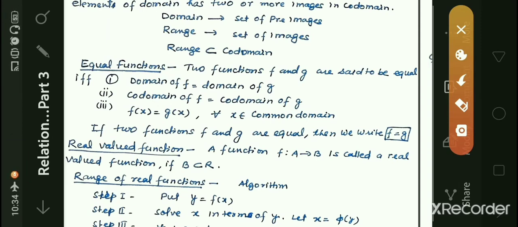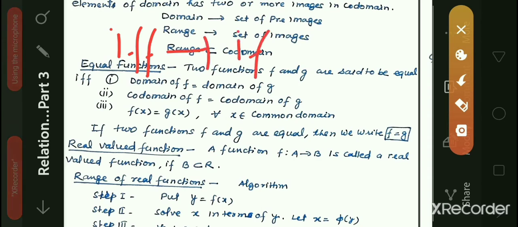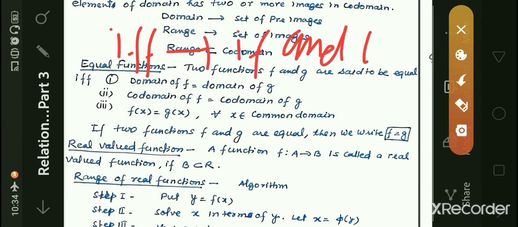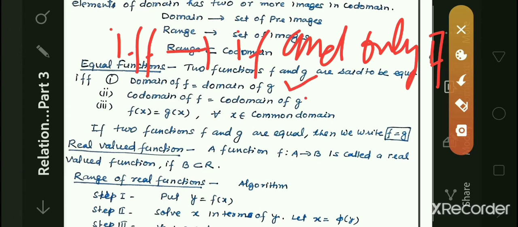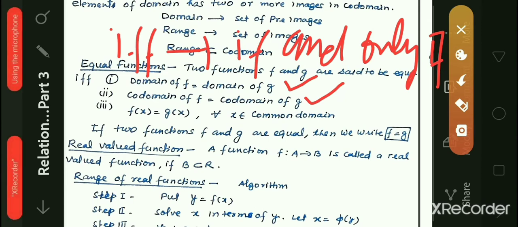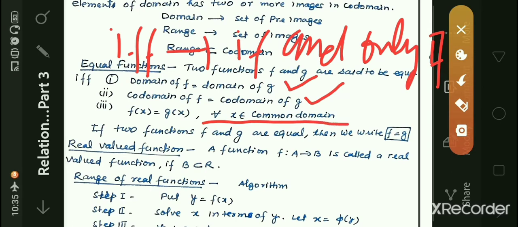Two functions f and g are said to be equal if and only if, iff stands for if and only if, the following hold: domain of f is equal to domain of g, codomain of f is equal to codomain of g, and values of the functions are equal for all elements belonging to their common domain.